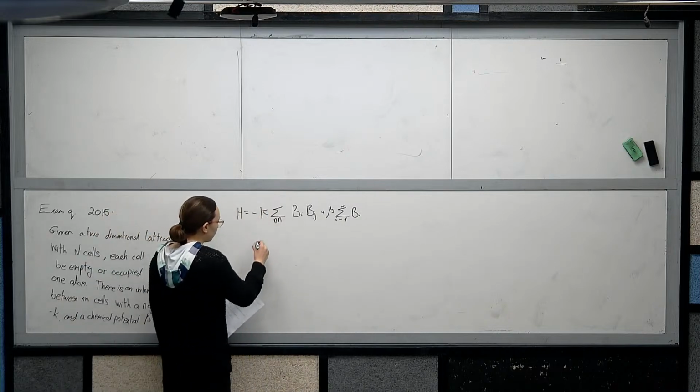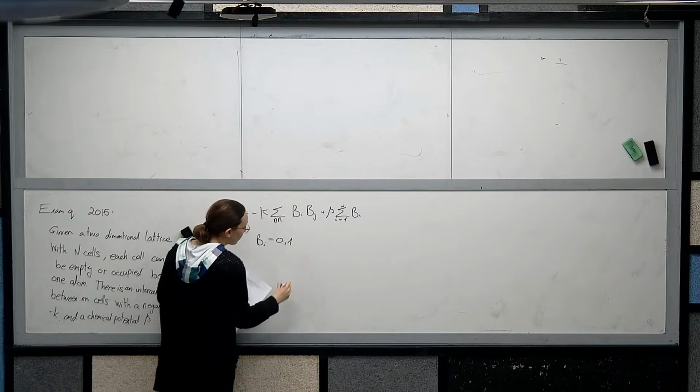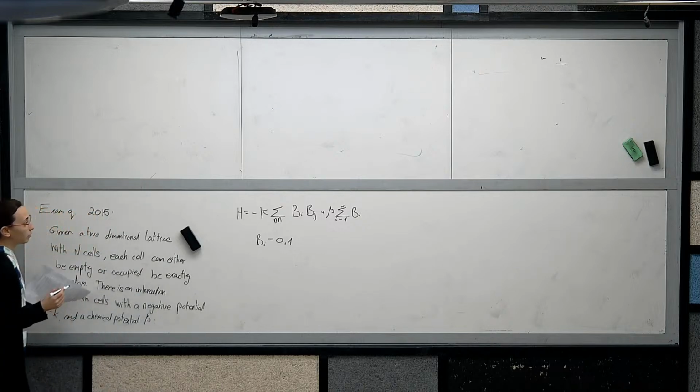So Bi equals 0 or 1, occupied or unoccupied.